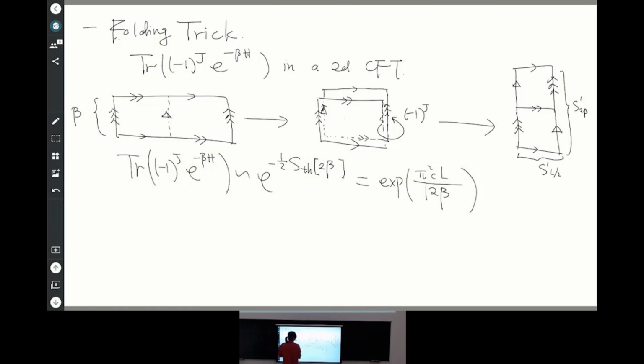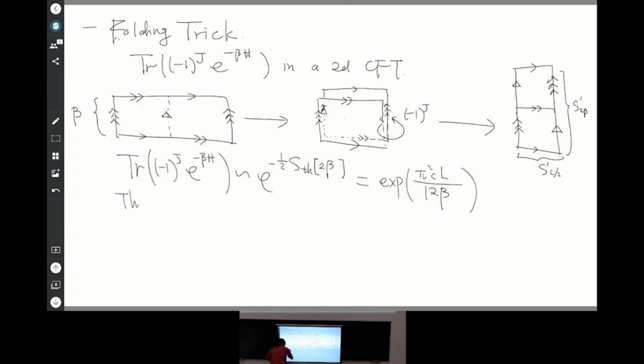All right. This will be the first prediction coming from the folding trick. But since I'm looking at the 2D CFT, I always have modular invariance. You can ask, can I reproduce this result from modular invariance of the torus partition function? The answer is yes.